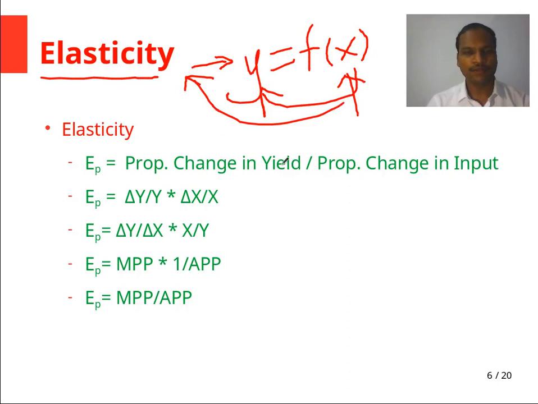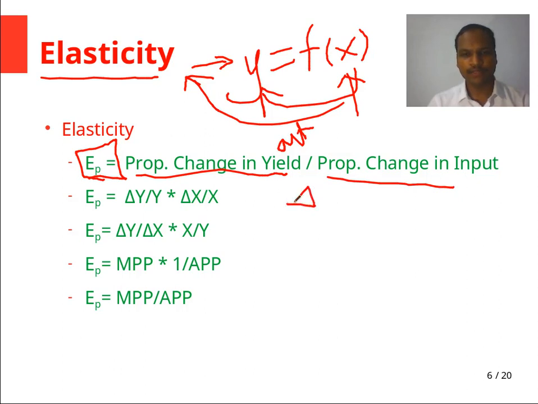So it has some elasticity, and it is calculated by the formula elasticity of production equal to proportionate change in yield or output divided by proportionate change in input. So this proportionate change, we know that the proportionate change for output is delta y divided by y.